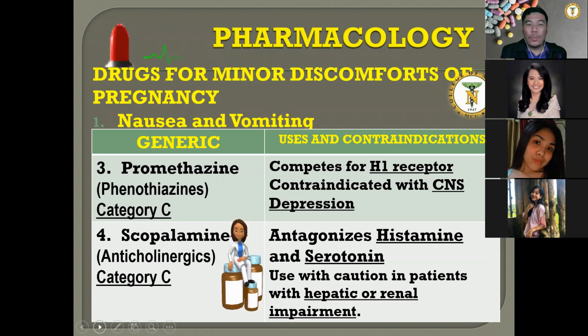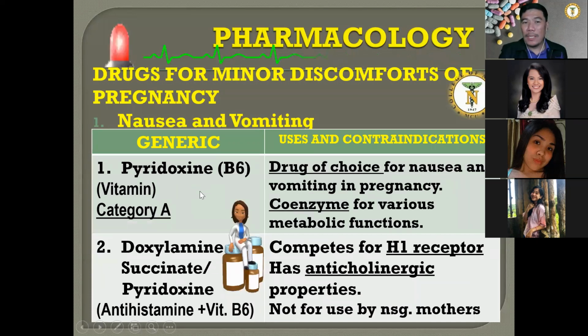So that's why pag may mga contraindicated na yan, yung mga category na yan, it's more a higher level. So let us again review. So yung first one that we discussed is pyridoxine B6 is the drug of choice. Doxylamine, succinate, and pyridoxine. This is an anticholinergic, pero you must remember this must not be given to nursing mothers.